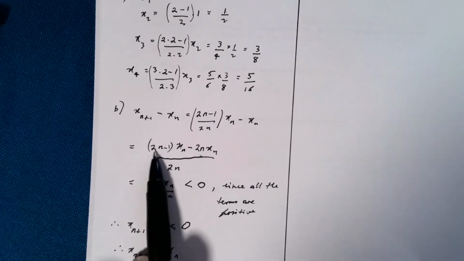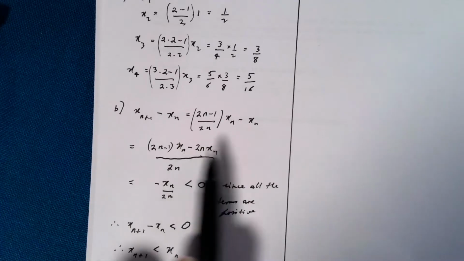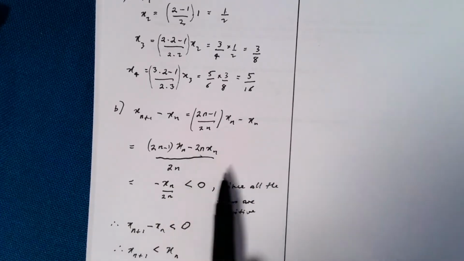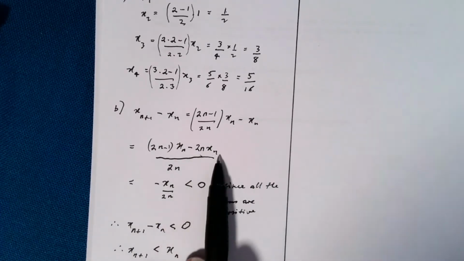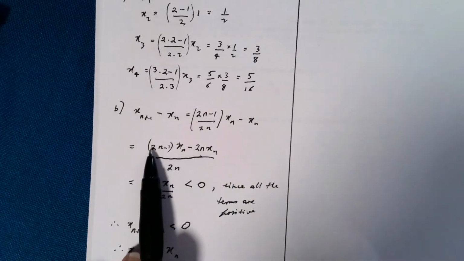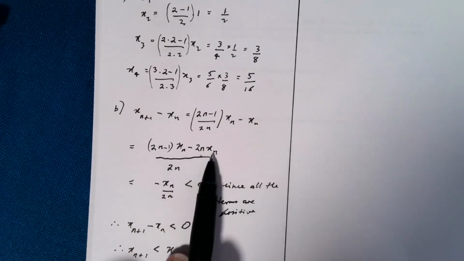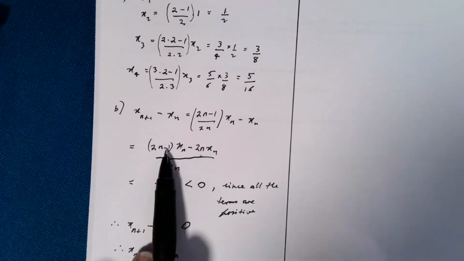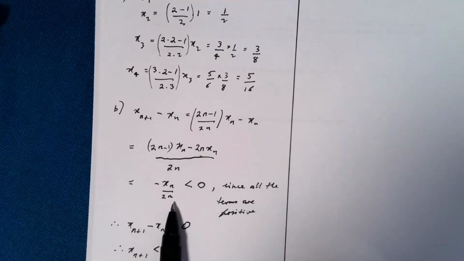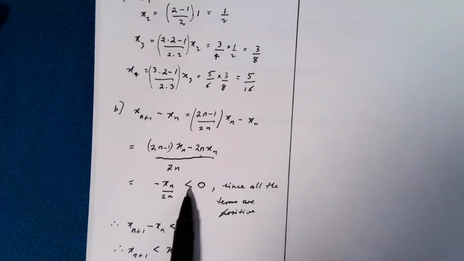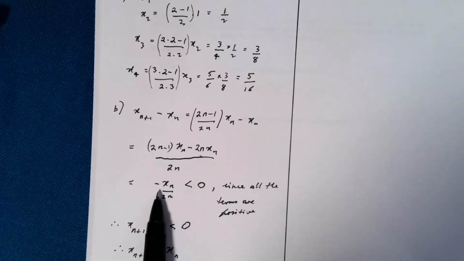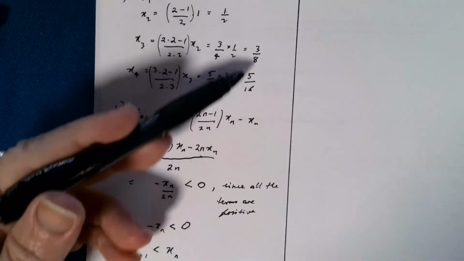So I get (2n minus 1) times x_n minus x_n times 2n. Now happily, when we take the brackets out, 2n x_n minus 2n x_n cancels, and I just get minus x_n on 2n.